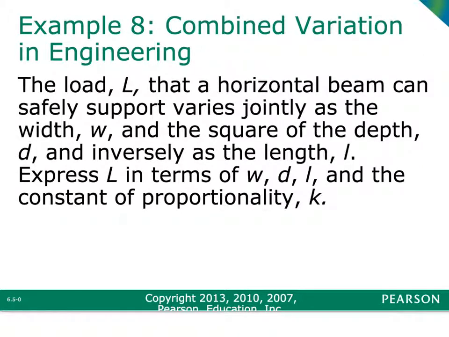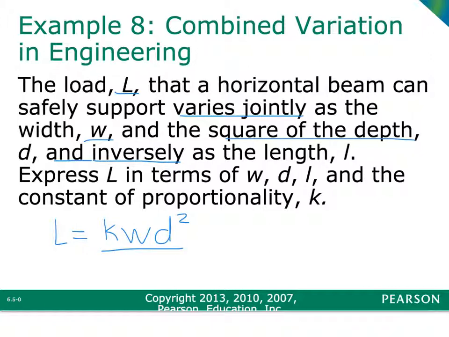So as an example, the load L that a horizontal beam can safely support varies jointly. So remember, if you vary jointly, you're going to multiply the K. It varies jointly as the width W and the square of the depth D. And it is also inversely, so that means we're going to have to divide, as the length l.